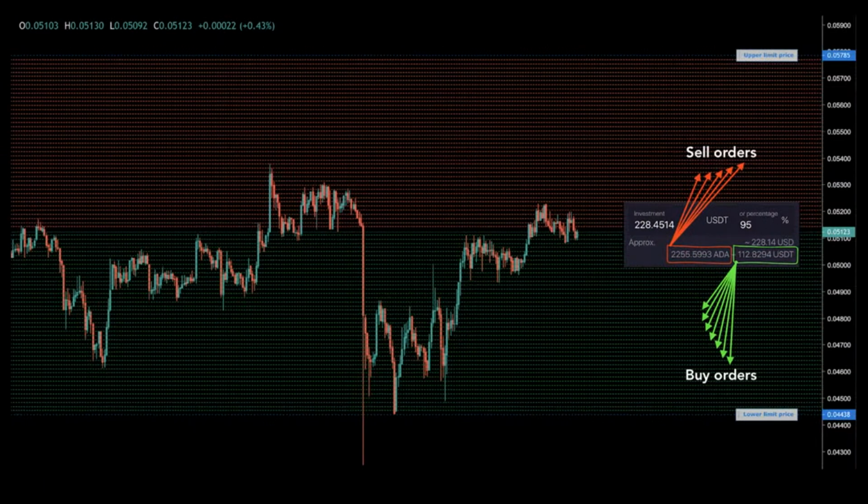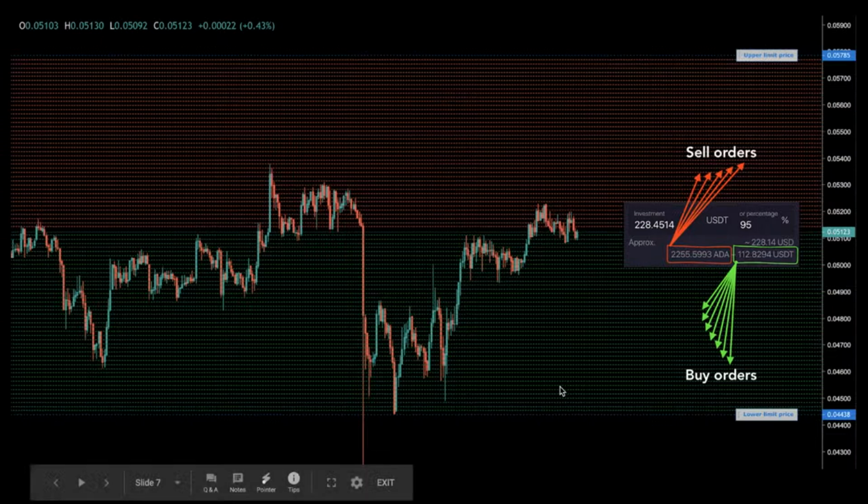So the mechanism itself is called the grid, and grid itself is nothing more than just a simple limit order. It's either buy order or sell order.